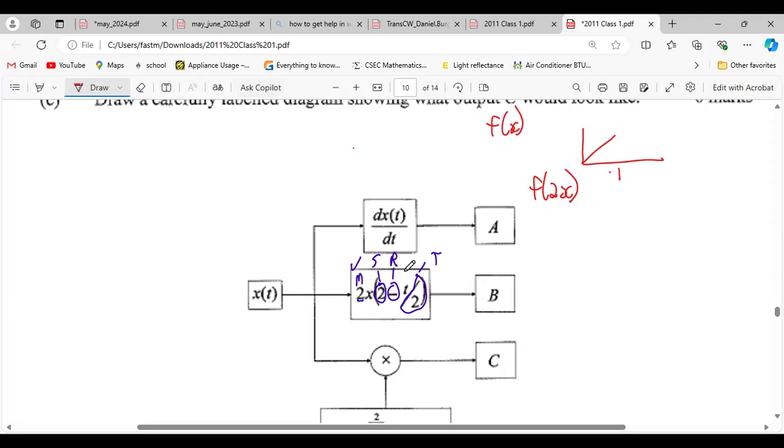If I multiply by 2 there, do you think that will be a compression or expansion? Before it was 1. If I multiply by 2 and get 2 here, remember there's 1 here. Now without 2, do you think that'll be a compression or expansion? I think it'd be a compression.